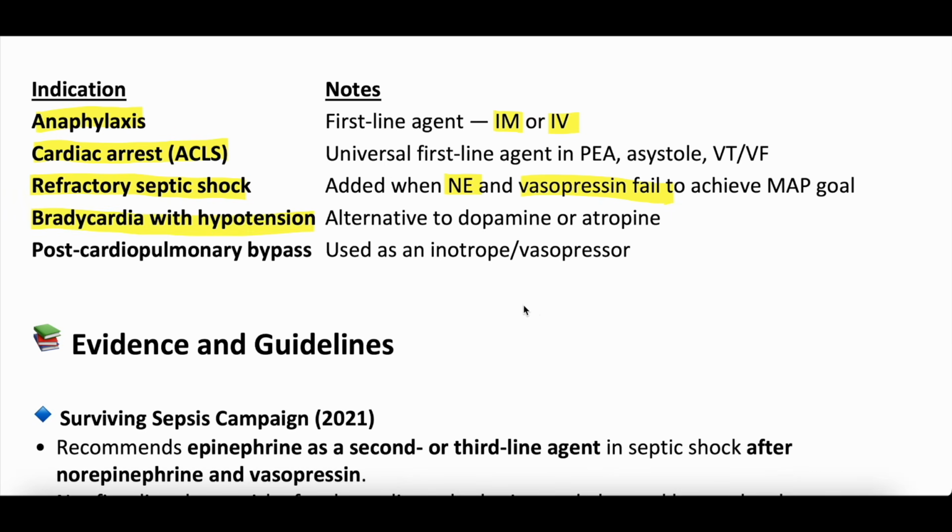Bradycardia with hypotension might be a nice use, but remember, this is at those low doses, right? Because you just want that beta-1 effect, somewhere around that 0.01 to 0.05 micrograms per kilogram per minute. And then sometimes post-cardiopulmonary bypass, it's used because it has that inotropic beta-1 effect and that vasoconstrictive alpha-1 effect as a vasopressor.